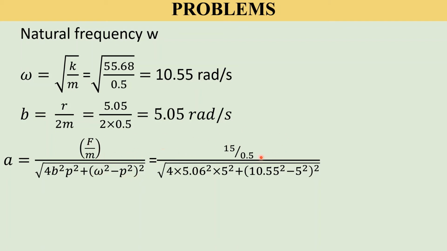So 15 divided by 0.5, square root of 4, b is 5.05 squared into p is 5 squared plus omega is 10.55 radians, and p is 5, so square of that whole square. So the amplitude is 0.3 meter.